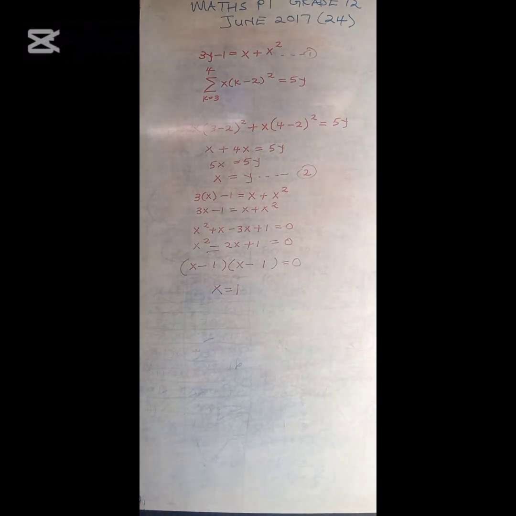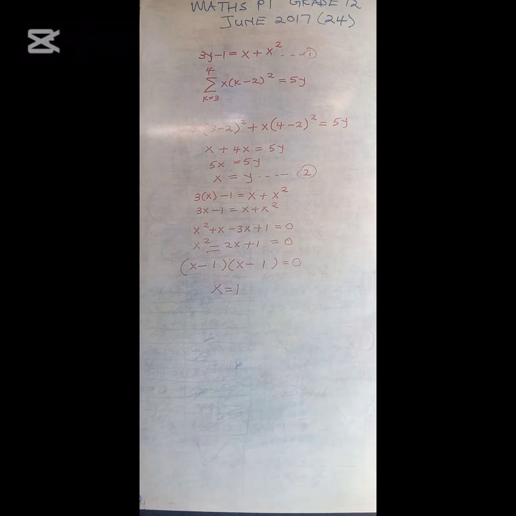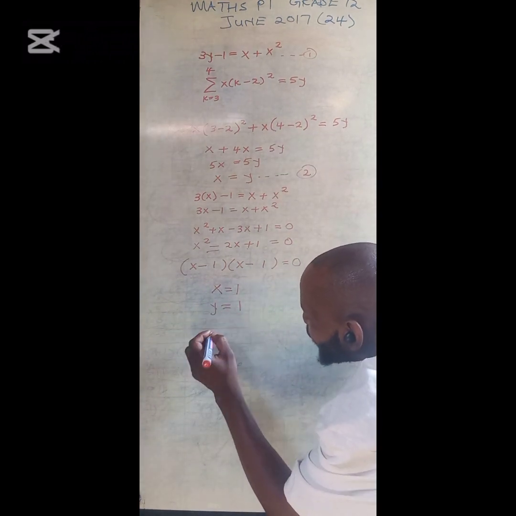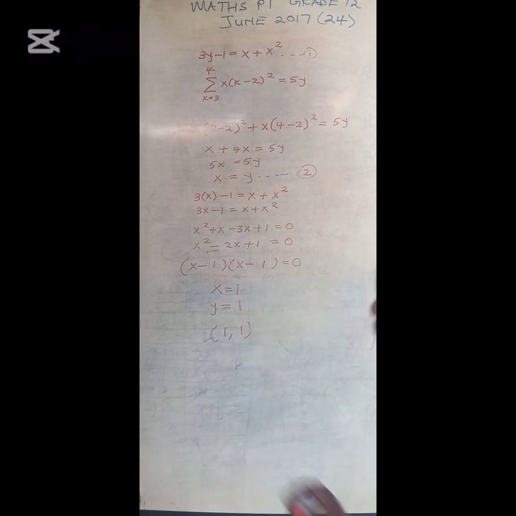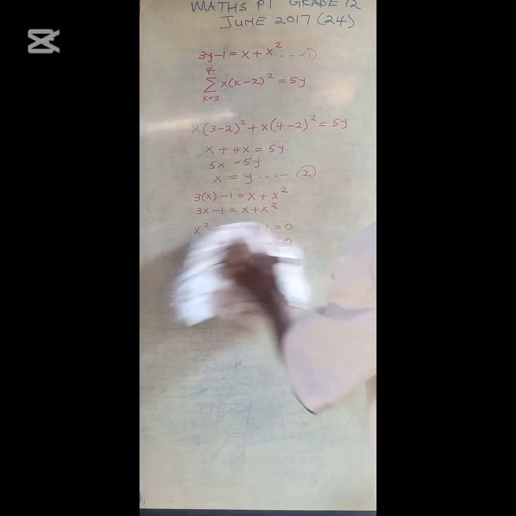Then the roots are real, rational, and equal. So x is equal to 1 for both of them. So x is equal to y, so y is also 1. So the solution is 1 and 1, right? All right, done with it.